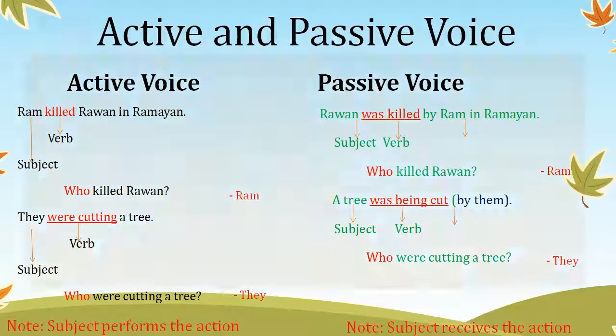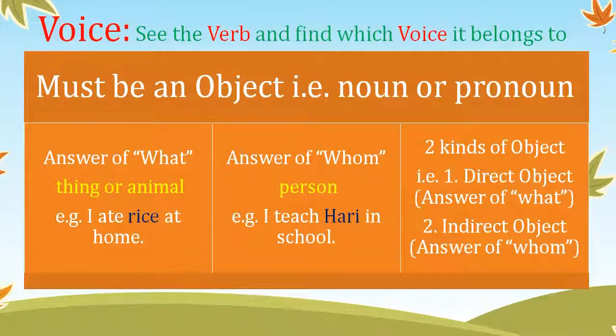Now let's move to another slide. Voice: see the verb and find which voice it belongs to. Simple, you have to understand that. When we are reading about voice, then always you have to see the verb in a sentence. Looking at the verb, we can understand which type of voice it belongs to, either active or passive.